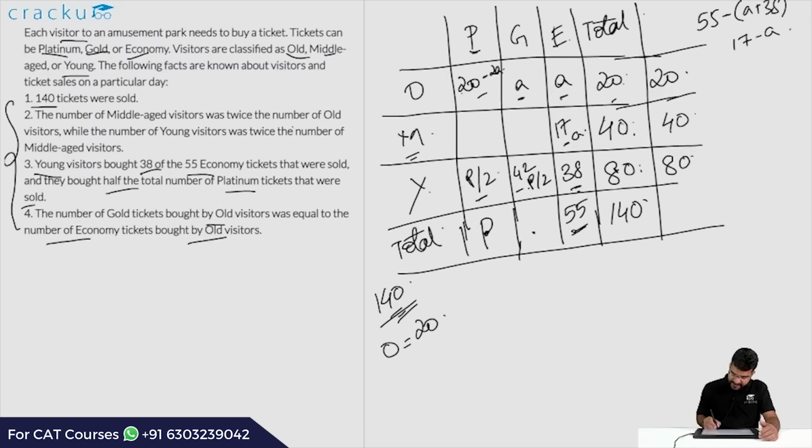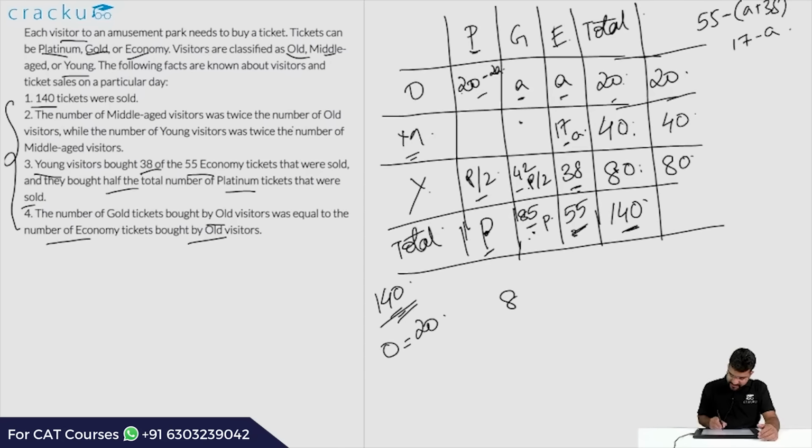The total number of tickets sold is 140, of which 55 are economy. So 140 minus 55, that is 85, are platinum and gold. We have assumed that the number of platinum is P, so the number of gold will be 85 minus P. Using this, we can find out the number of middle-aged people who have bought gold.